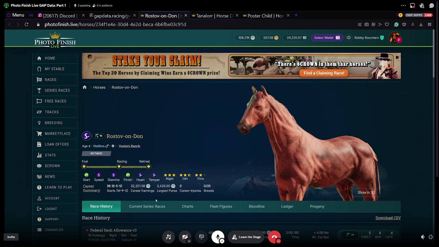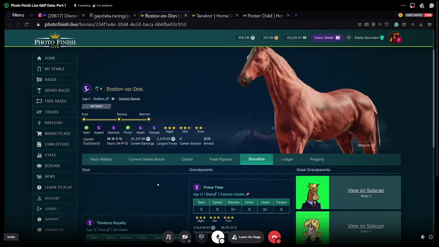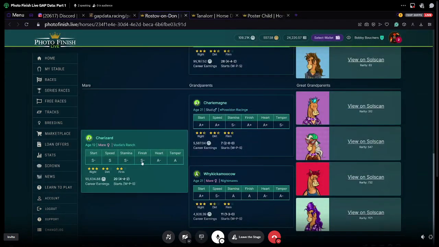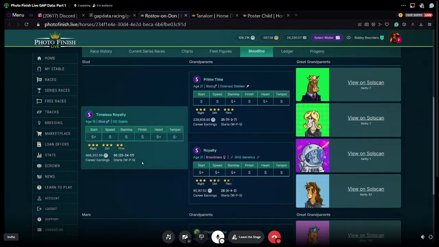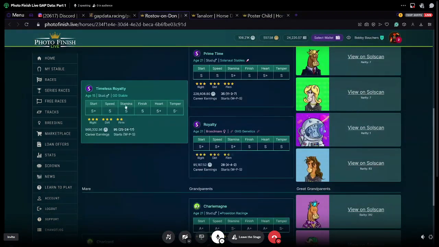Let me just see if it has any defective stats. So what is it? A plus, S, S, A plus, it is. I remember you told me S minus, his father. Okay, so the finish is defective, and then SS. So you had the top of both.